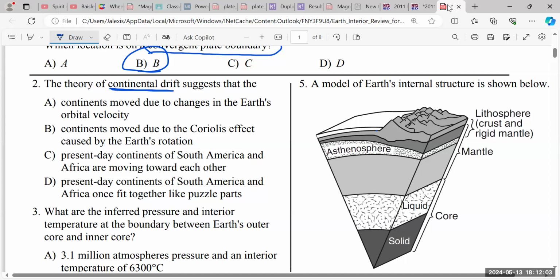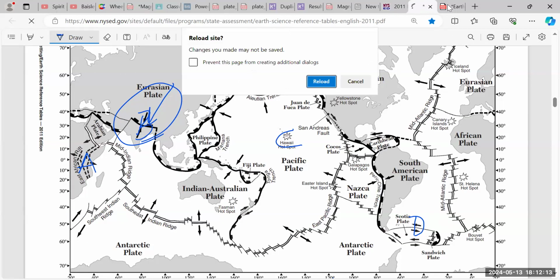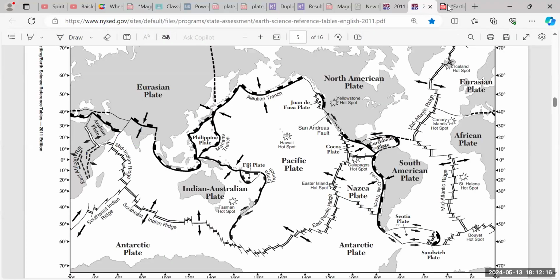And so we're going to see which of these options helps support that theory. So one famous theory is that the continents used to be all connected together, right, into this supercontinent called Pangea. And then they broke up just like pieces of a puzzle.